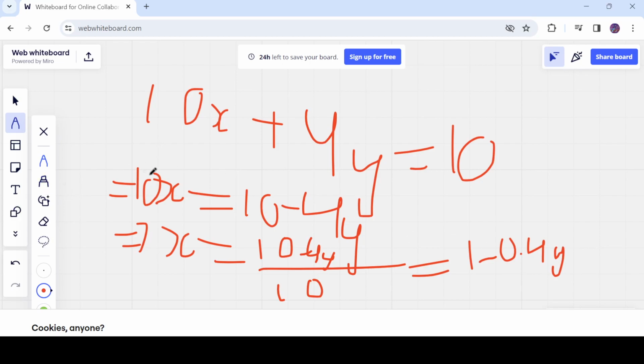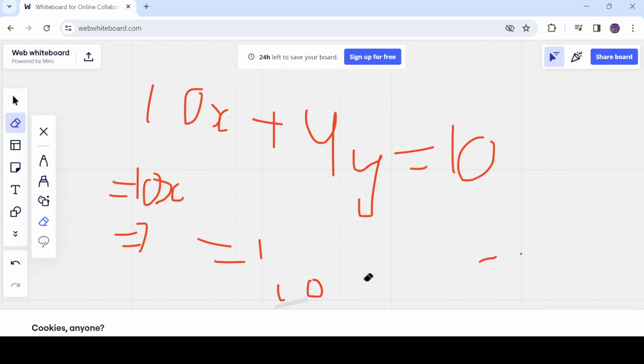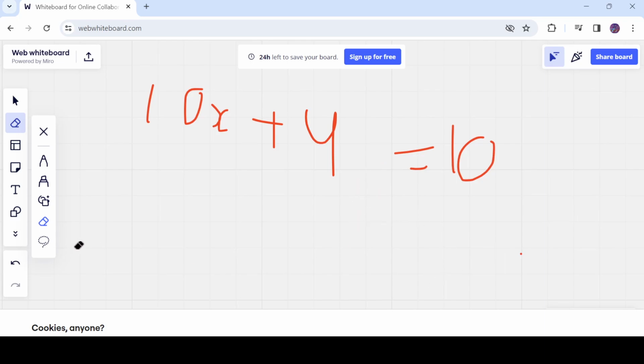But in most cases, you're not going to have both variables here. You only get an expression, like I said, so there's literally no point. In most cases, x or y, in this case I'll take y for simplicity, will be given. So let's just assume that y is equal to 4. So I know that 10x plus 4 is equal to 10.